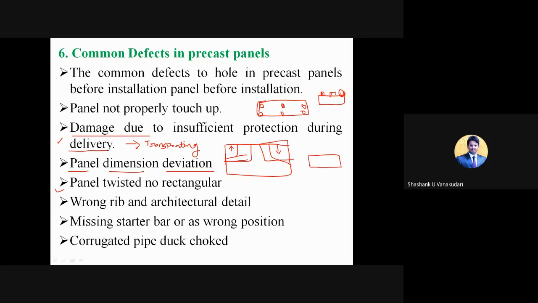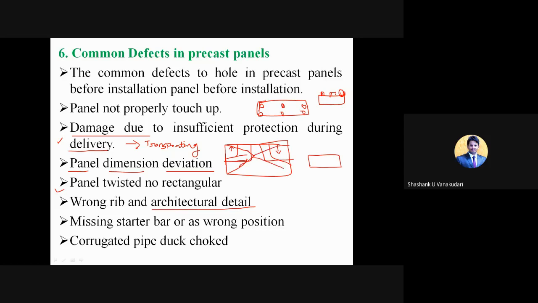Okay, then wrong rib and architectural detail. This one is caused by improper design experience in the architectural part, because as per the load consistency, those joints and connections will come. And rib means the erecting element or threads, that particular portion, right?